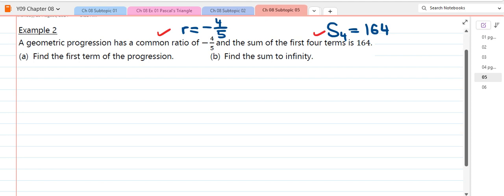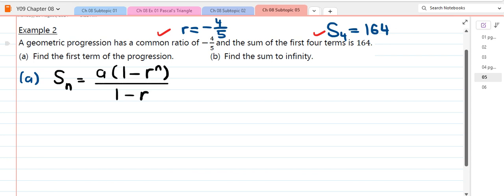So here it's quite obvious that we have to start with the formula for the sum of a geometric progression. For this one, it will be Sn equals a bracket 1 minus r to the power of n over 1 minus r, because here the common ratio is between negative 1 and positive 1.